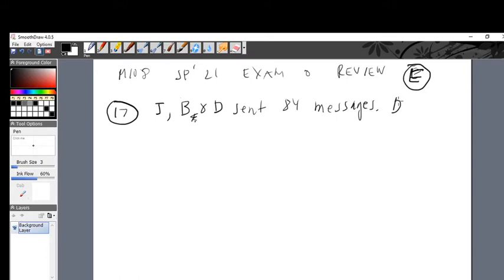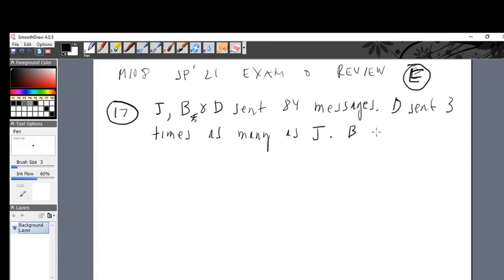D sent 3 times, we're going to have to set up an equation, as you can see. It's a word problem. 3 times as many as J. That's information about D relative to J.